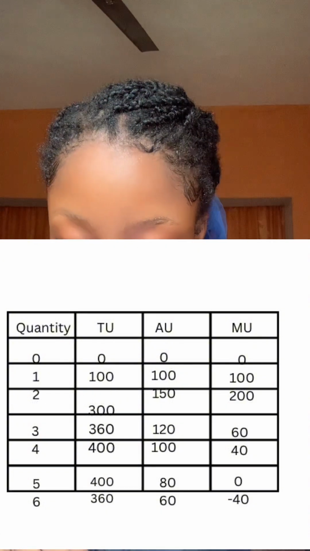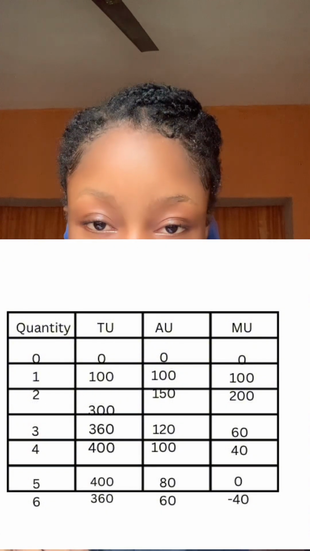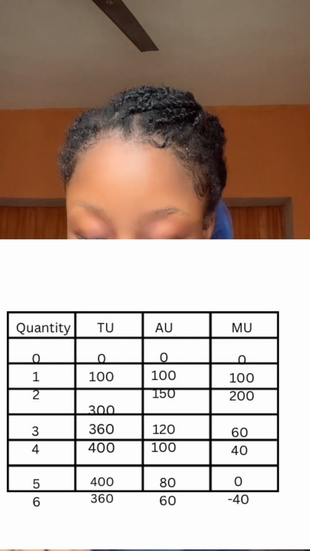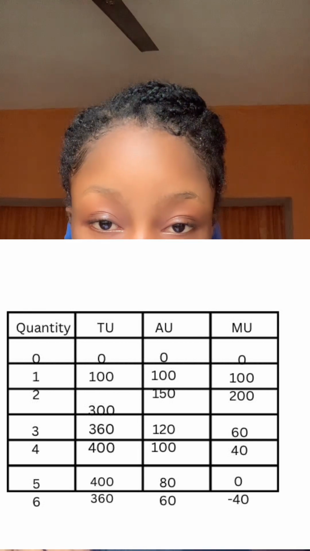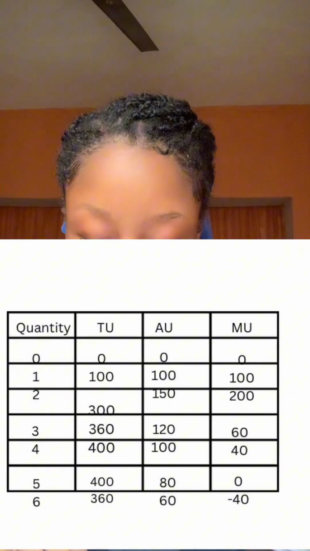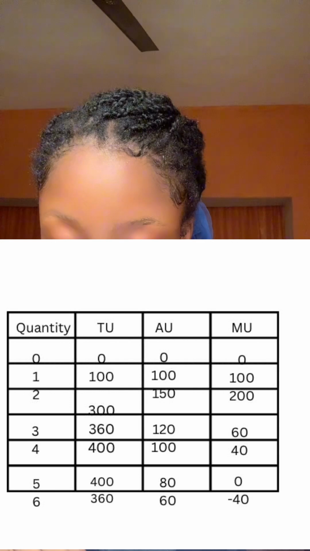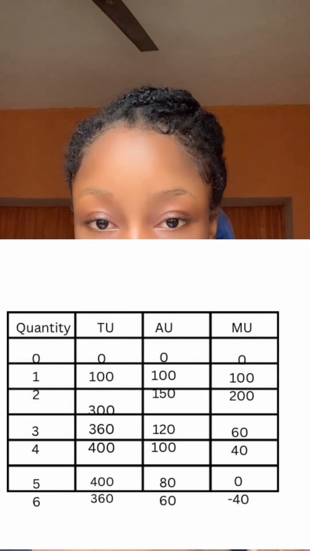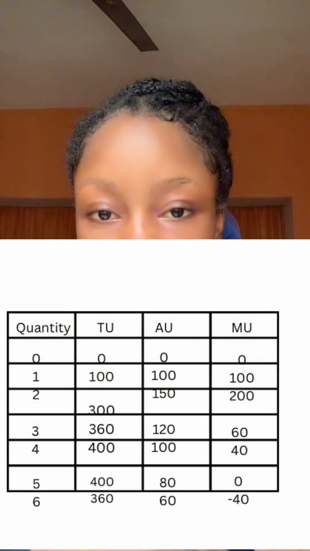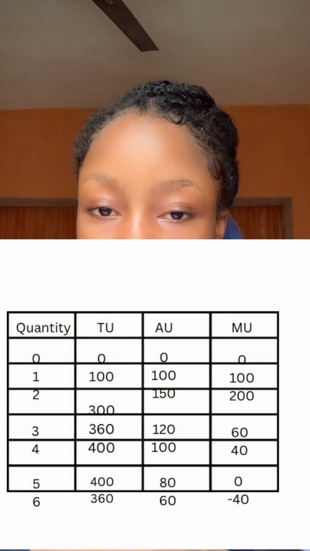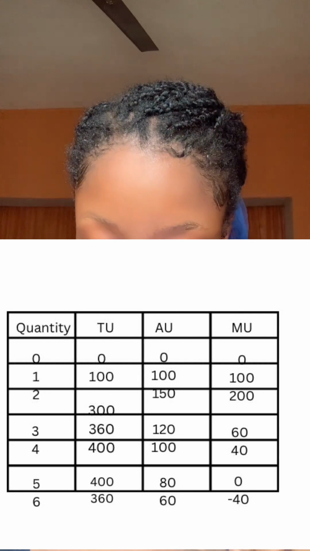At quantity 5, it remained at 400. An increase in quantity from 4 to 5 made the total utility stay at 400. Then an increase from 5 to 6 led total utility to decrease from 400 to 360.